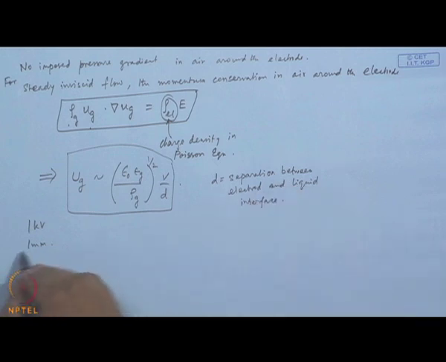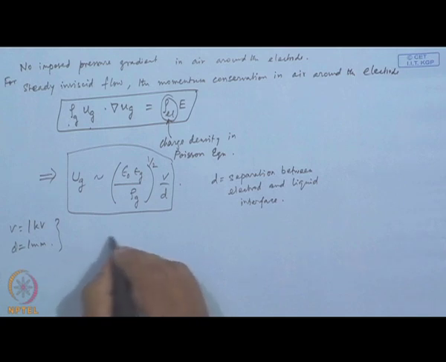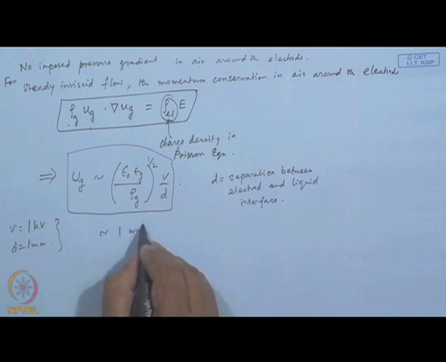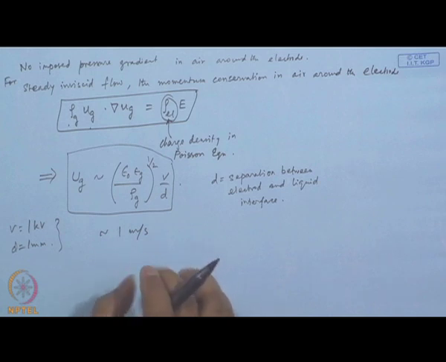So, if one takes D as 1 millimeter and V as 1 kilovolt, in that case what they will get is to the tune of 1 meter per second. That is the velocity one can get, as far as the gas phase is concerned.